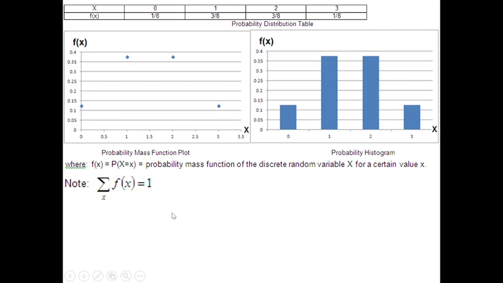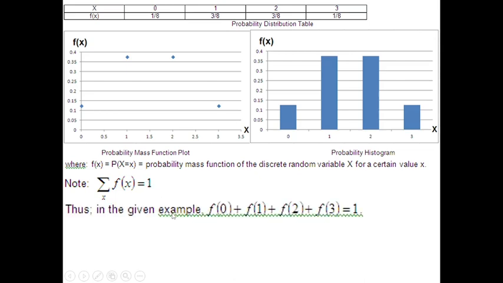In the given example, f of 0 is 1 over 8, plus f of 1, that is 3 over 8, plus f of 2, that is 3 over 8, then f of 3, that is 1 over 8, sums up to 1.